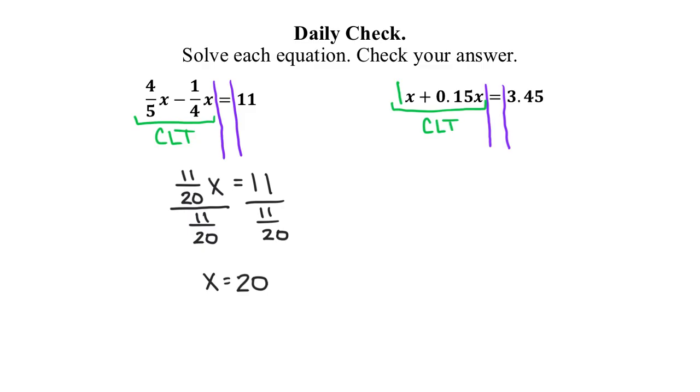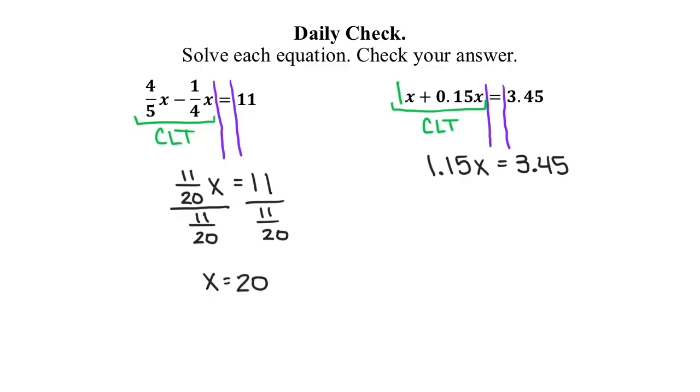Who can tell me my new equation after combining the like terms? Emma. 1.15x equals 3.45. Good.